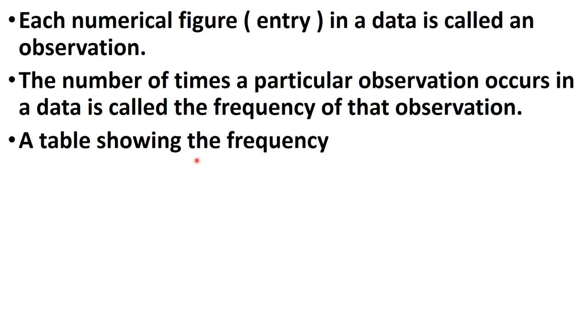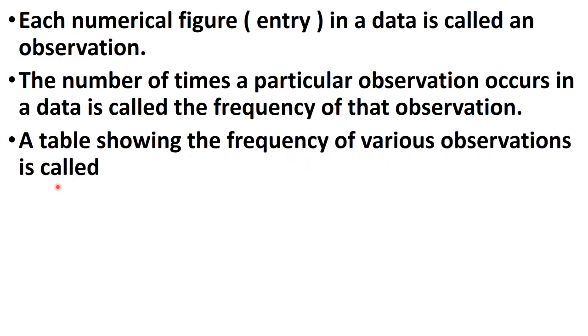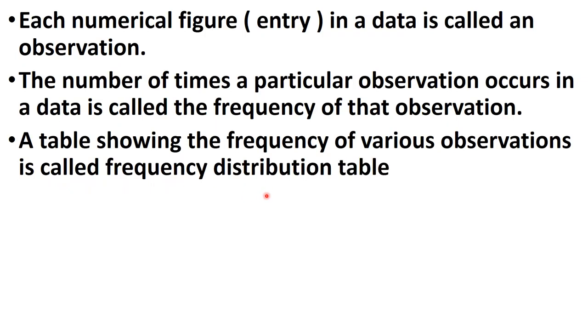A table showing the frequency of various observations is called a frequency distribution table or frequency table. Where we show the frequency, that table is known as the frequency distribution table.